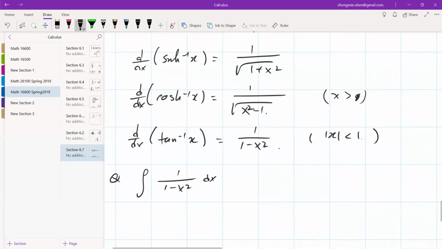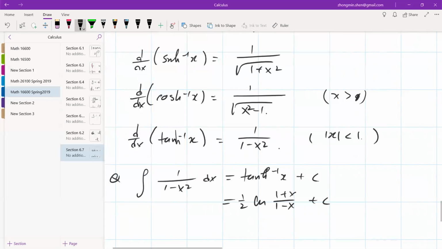Now, if we use a formula, let's write down what we get. This is the inverse hyperbolic tangent x plus c.